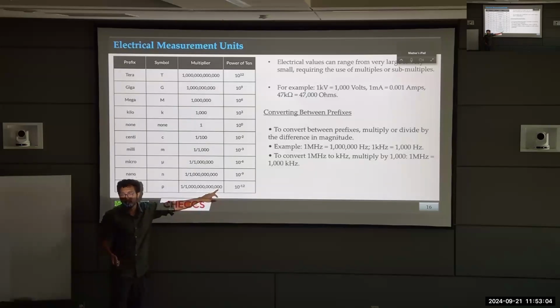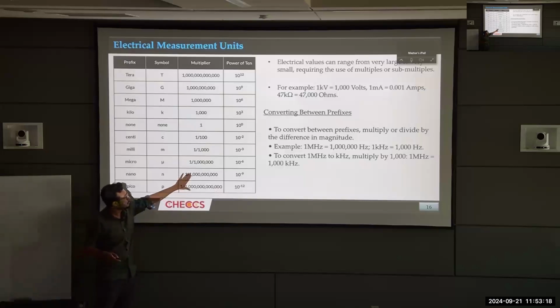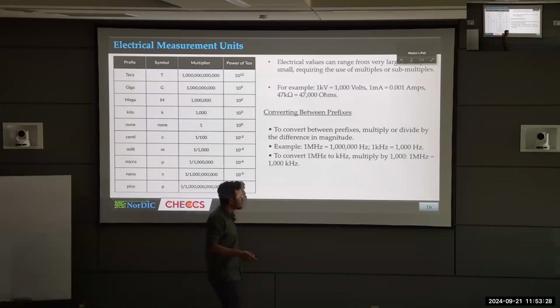People will instead tell you in your question, okay, I have a picoamp current in my circuit. If you don't know what pico is, you will not know how much current is going. So to avoid writing a lot of zeros and avoid mistakes, people have come up with these short terms for these measurement units.